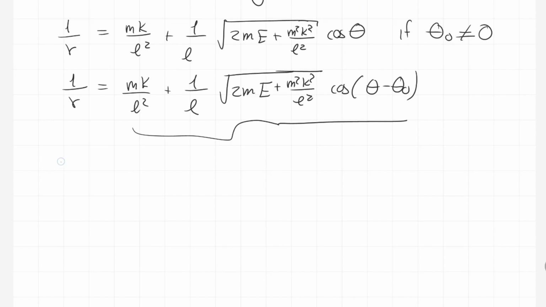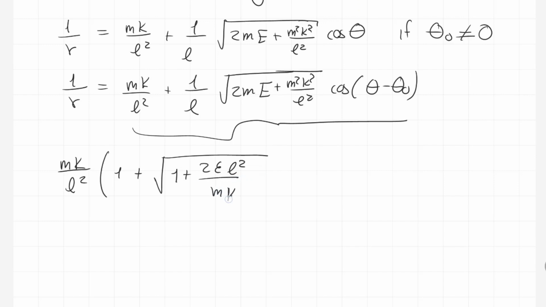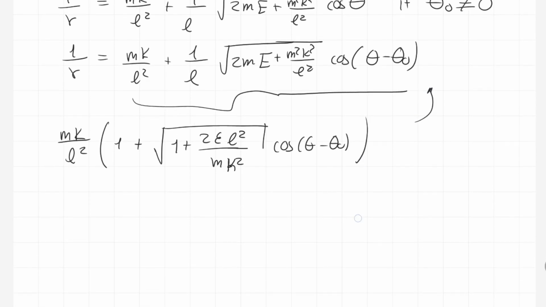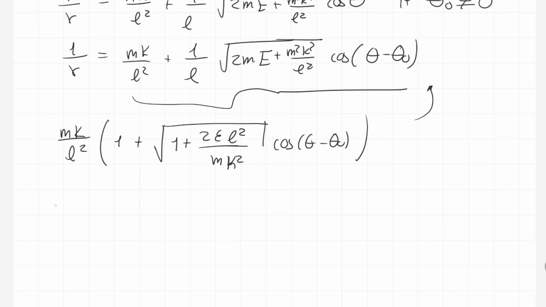Okay, notice that mk over l squared times 1 plus the square root of 1 plus 2el squared over mk squared, times cosine of theta minus theta 0. Well, it's actually the same as this expression that we have here, okay? For example, what happens if we multiply?